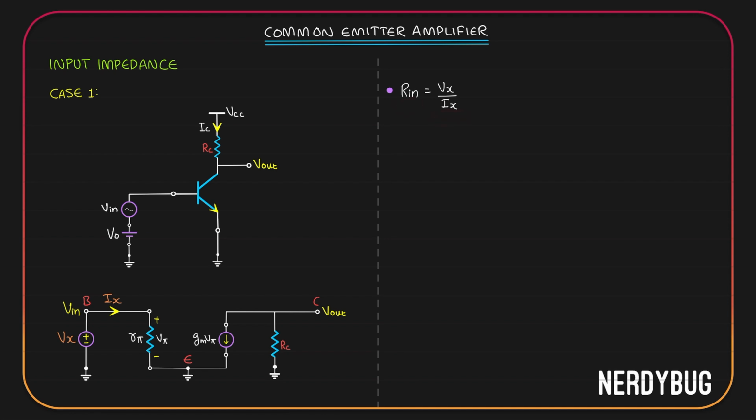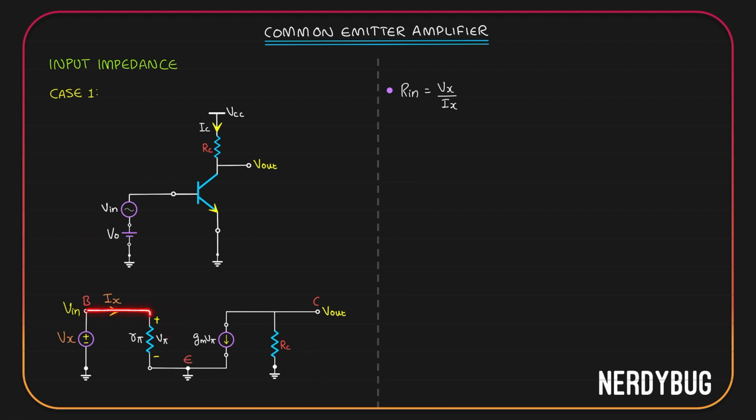Here, if you look at the input loop, I'll start from ground. I have Vx, I go to R pi, then I go to emitter, again back to ground. So technically Vx is directly connected across R pi, which means V pi is equal to Vx.